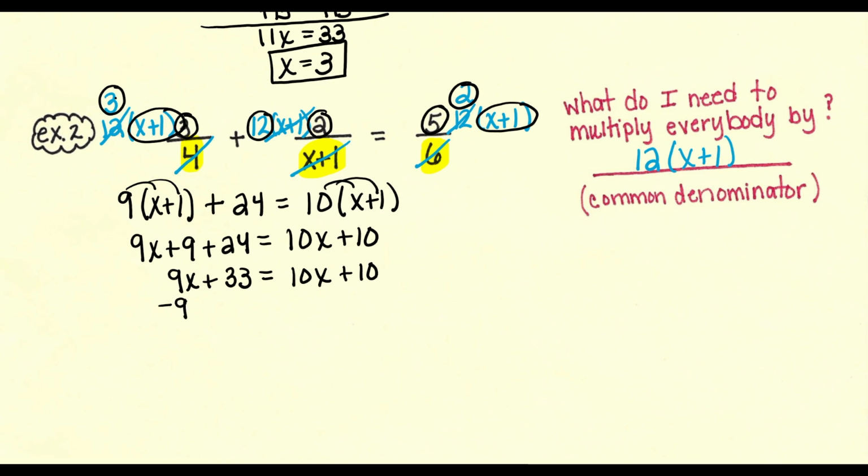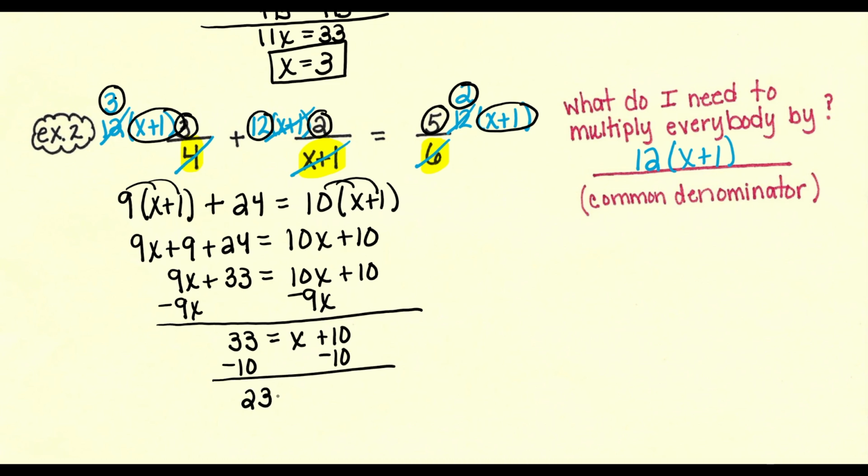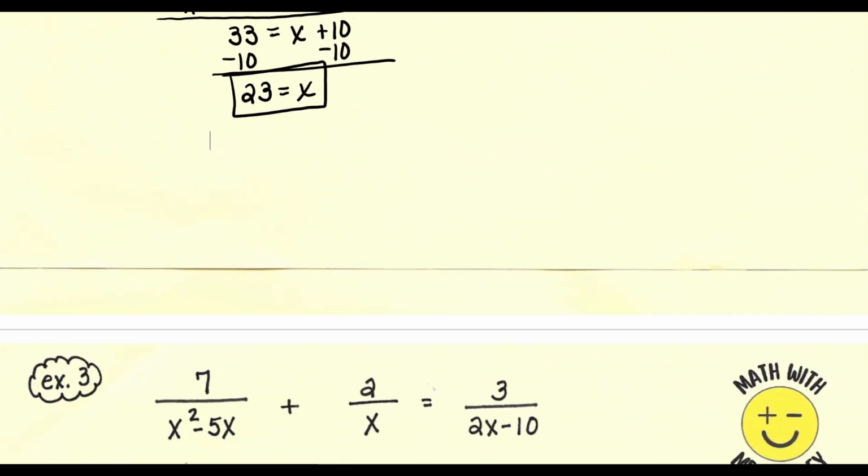So I'm going to subtract 9x from both sides. You could have brought the 10x over. That's your choice. Then I would have 33 is equal to x plus 10. Then subtract your 10 over. And 23 is equal to x. Okay, let's take a look at example 3.